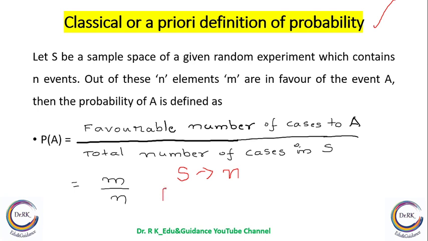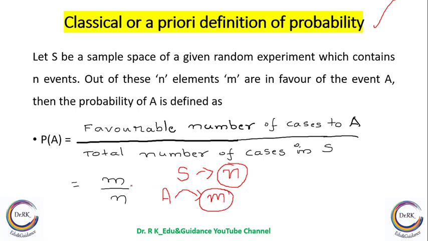Now we define an event A on this sample space. Right? And out of n, m are in favor of this event. So out of total n in the sample space, m are in favor of the event which we define. Right?